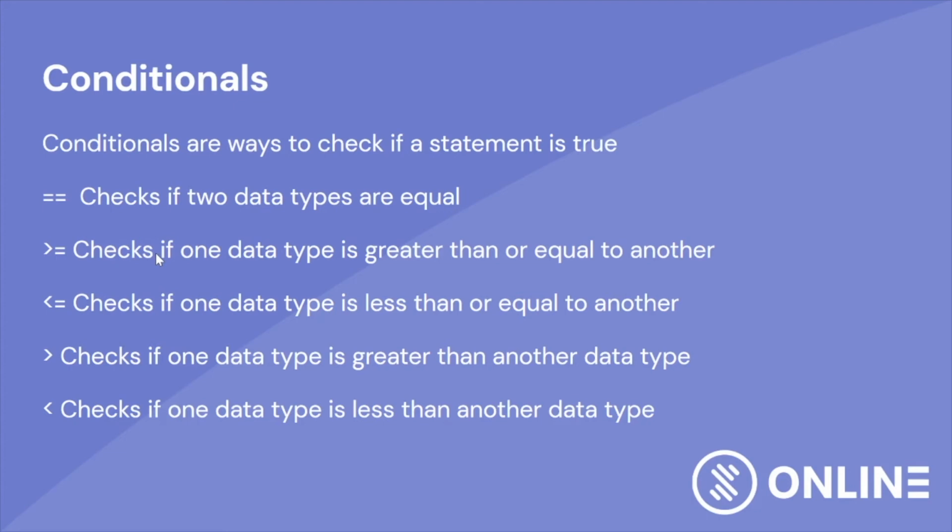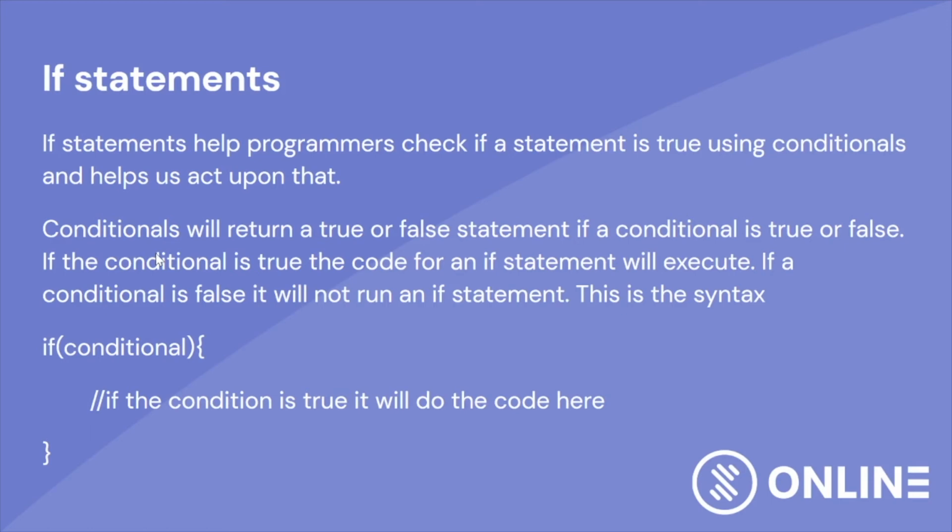So how would we use these conditions? We know that conditionals output true or false. We can actually do that using something called an if statement. If statements help programmers check if a certain statement is true using conditionals and helps us act upon them.